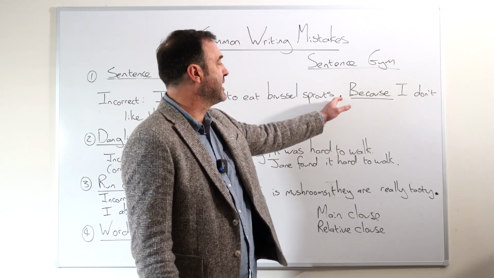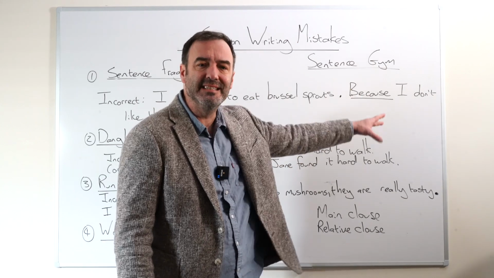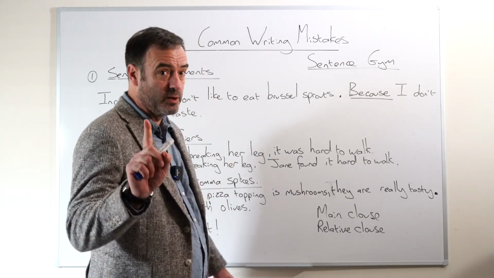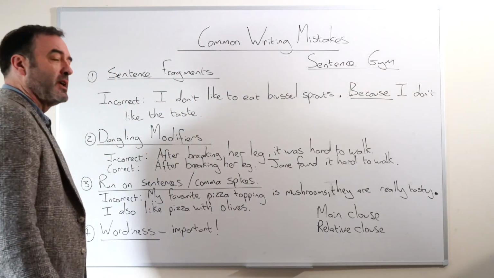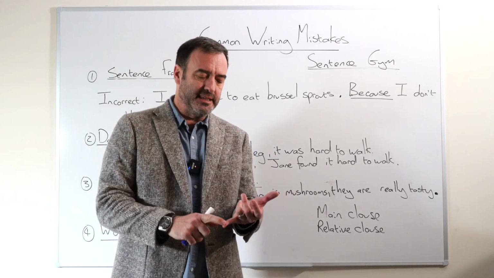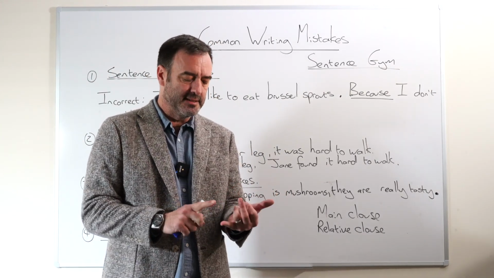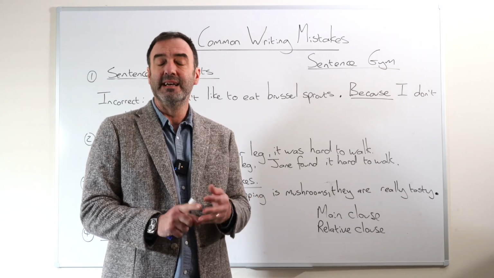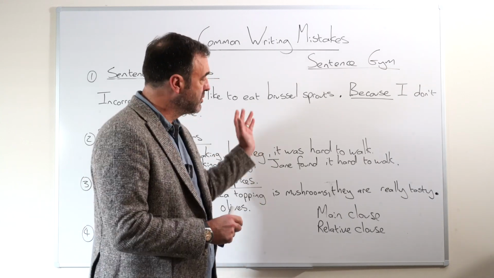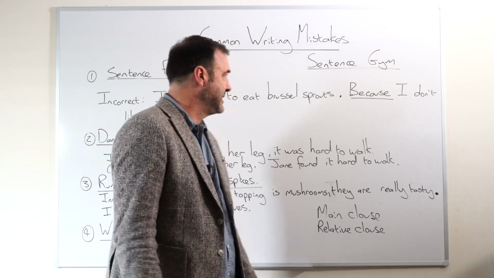Or a semicolon, connecting two related clauses, main clauses. And a main clause has a subject, a verb, and it makes complete sense. That's the key thing. Subject, verb, makes full sense. That simple piece of understanding will clear up 90% of these types of problems.